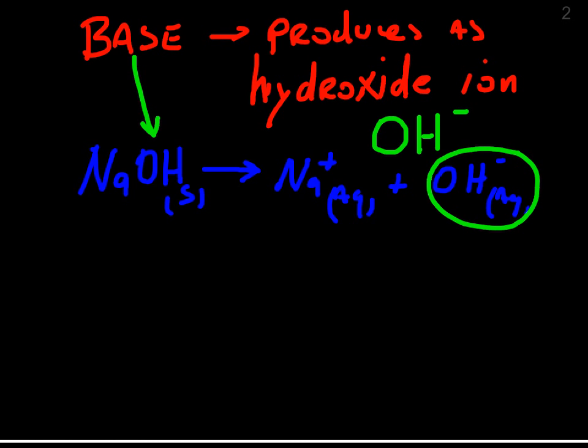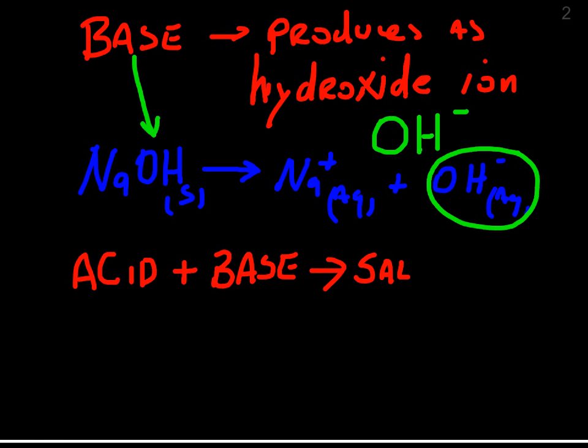Now, this is kind of a little sideline on acids and bases, but if you take an acid and you add it to a base, you will neutralize the acid with the base, and you will form a salt and water. This is kind of what keeps the world from getting totally messed up with acids and bases, because they neutralize each other out.